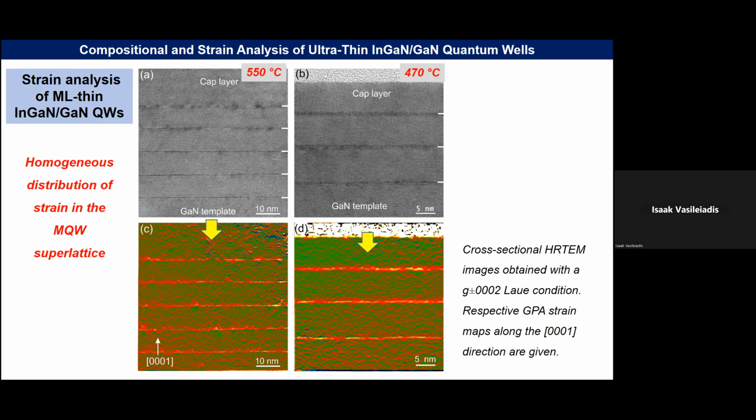GPA is a well-known method. It works in the reciprocal space, in Fourier space, and the critical point in this method is to have a mask size able to analyze the strain you want.